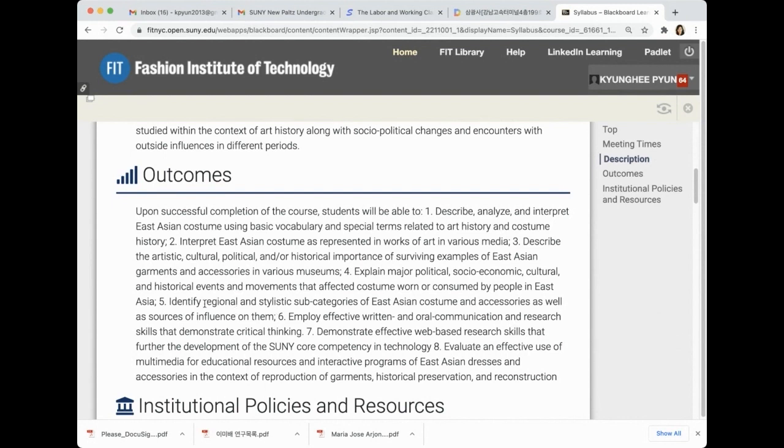So that's what we are going to talk about a lot in the class, because we are covering the entire East Asia. Numbers 1, 2, and 3 are quite similar to the type of other art history classes that we've taken. Here, what I want to teach you is that there will be some museum objects with a concrete date.